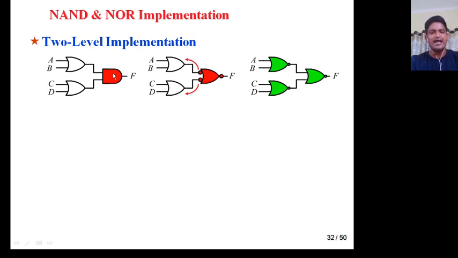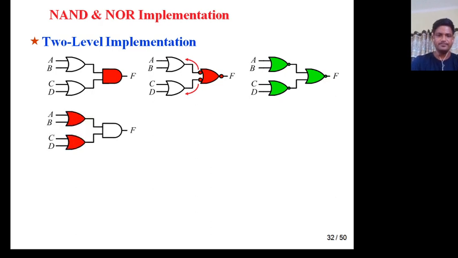So replace this AND by bubbled NOR, and now you can simply represent this circuit by using NOR implementation. Means OR and AND is nothing, it is NOR connection.